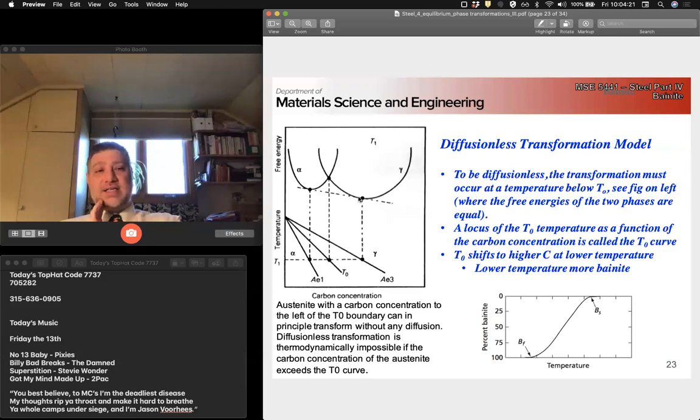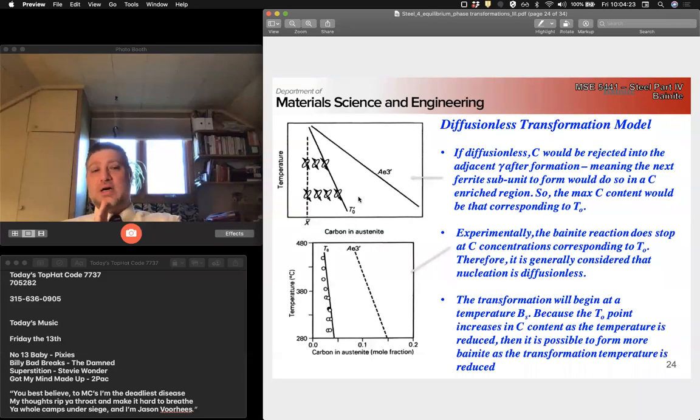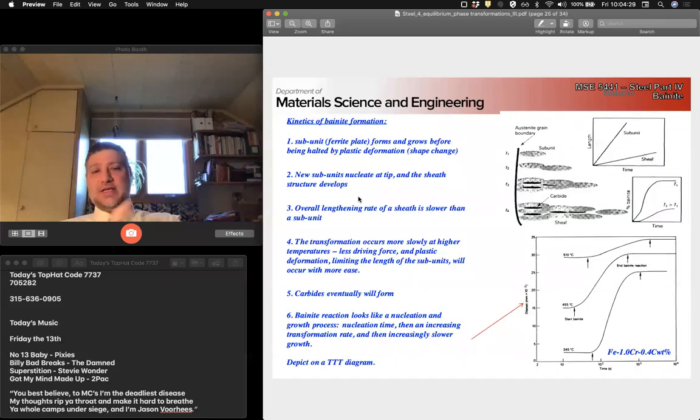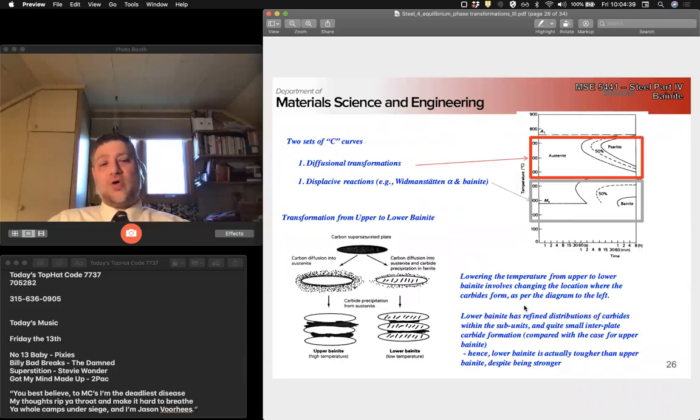We'll get into that debate when we talk about martensite, right? But I just wanted to throw it out. A lot of you guys have probably not talked about bainite much, or Widmanstätten ferrite for that matter.